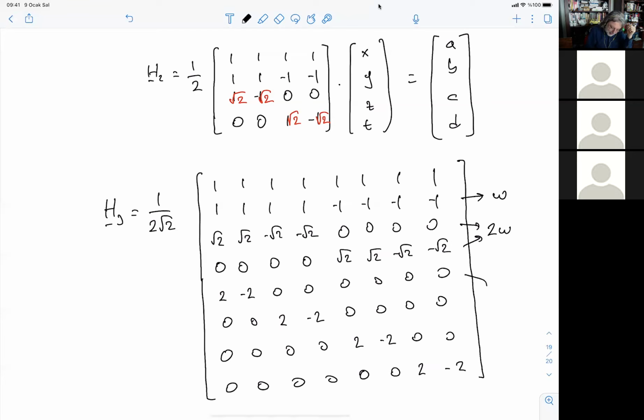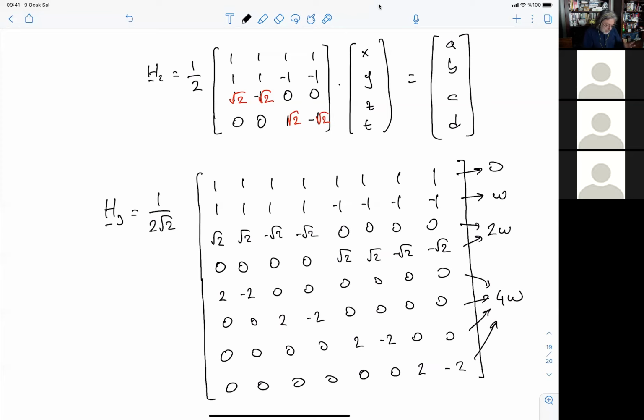And these 4 things are even squeezed further to half of it, so 4 omega is what we have here. And the first one is just 0 frequency.